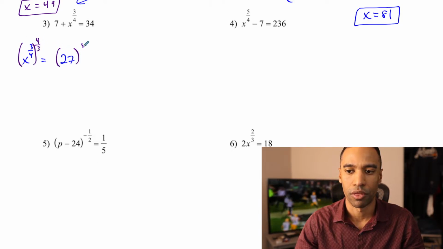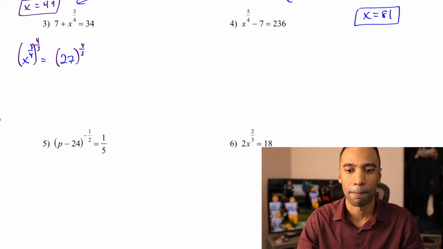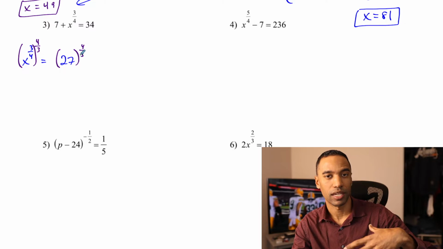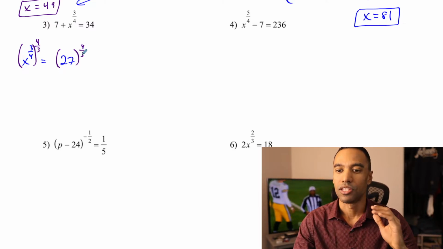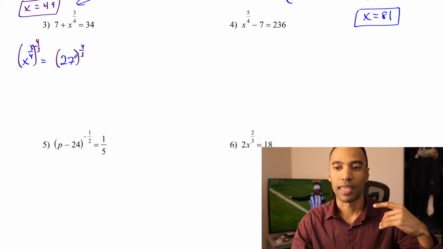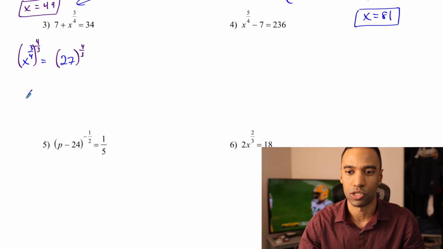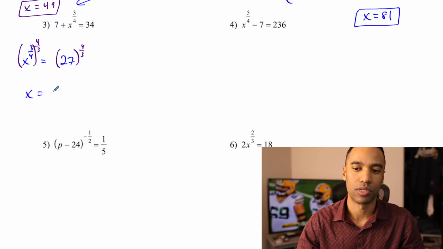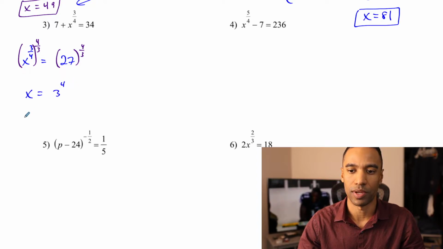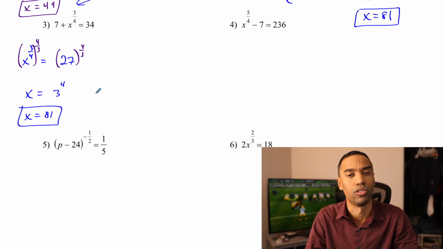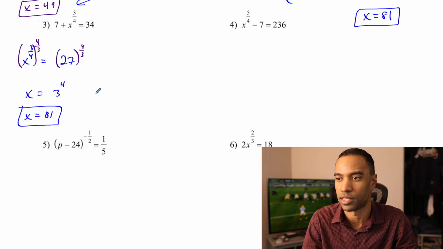If you recall, the 4/3 power is taking the cube root, and then raising it to the 4th power after that. So let's just do that in 2 steps. Cube root of that is 3, and 3 to the 4th is 81. So again, no extraneous solutions to speak of in a problem like that.